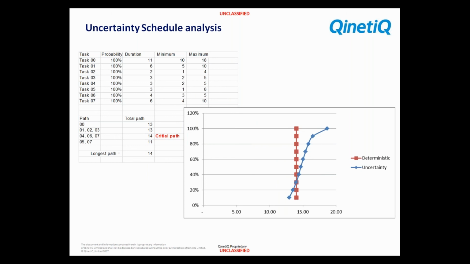And we use the same paths through the activities. And when we do the Monte Carlo analysis, it calculates 1,000 iterations or more, however many we determine, and we establish what the longest path is across all of those. And again, we can put in the uncertainty in blue across our chart, this nice S-curve.